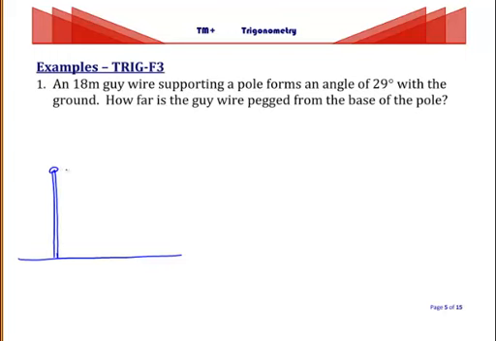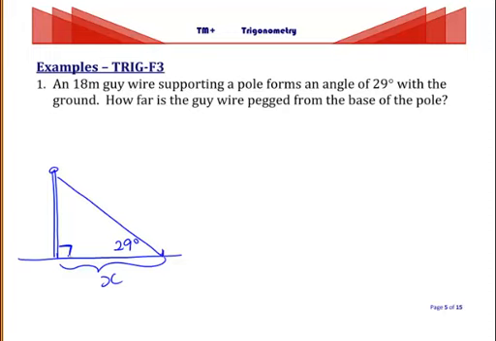An 18 metre guy wire supporting a pole, that's the wire that comes out from the pole to the ground, forms an angle of 29 degrees with the ground. How far is a guy wire pegged from the base of the pole? Well, the peg would be here, so from the base of the pole, that's my X there. Our assumption is that the pole is at 90 degrees of the ground, so at right angles with the ground.